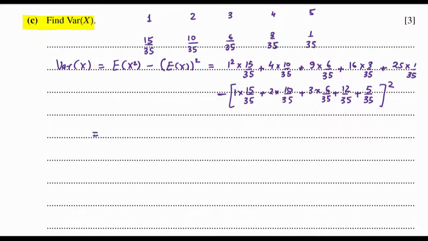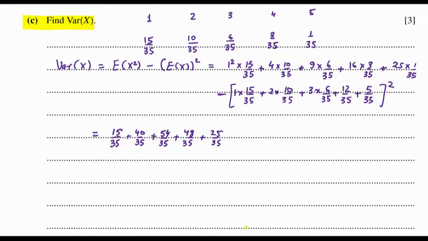So let's calculate. The first one is 15 over 35, 4 into 10, 40 over 35, plus 9 6s are 54 over 35, plus 16 3s are 48 over 35, plus 25 over 35.